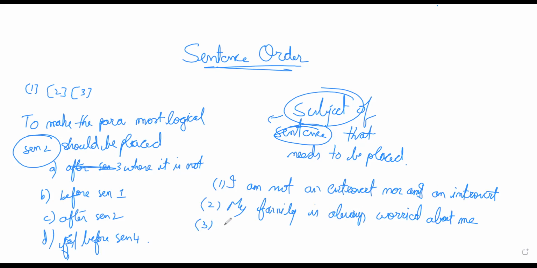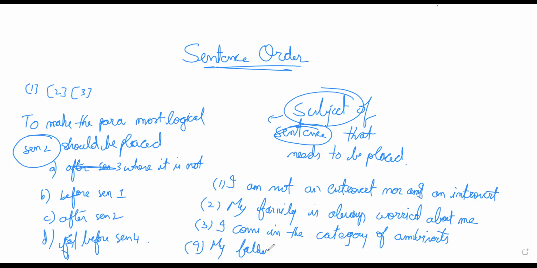Third sentence says, I come in the category of ambiverts. Then the fourth sentence says that my father always asks me to mingle with my cousins. Okay, so suppose this is the paragraph.